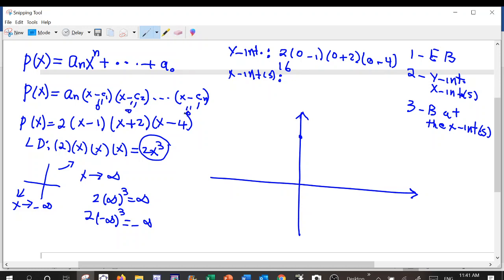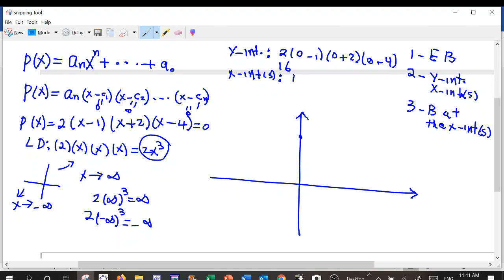If you say x minus 1 equals 0, you have to set the whole thing equal to 0. That means this equals 0, this equals 0, or this equals 0. So if you set this equal to 0, then x equals 1.